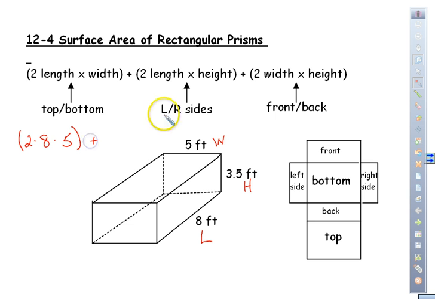Okay, and then you're adding that to my length, which is an 8, and my height, which is 3.5, plus what my width is again, which is 5, times my height, which is 3.5. Now you can multiply those all together. So we get 8 times 5 is 40, times 2 more is 80. And we're going to add these all together.